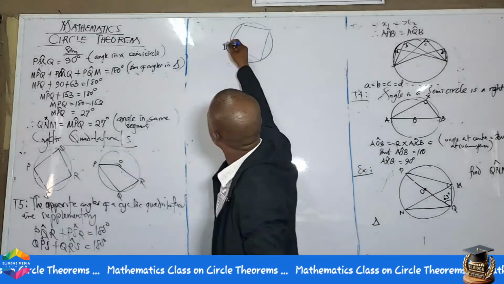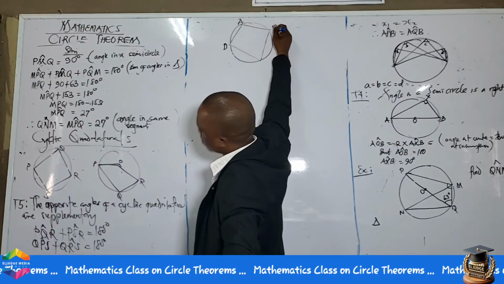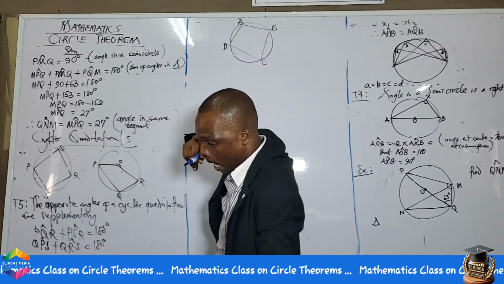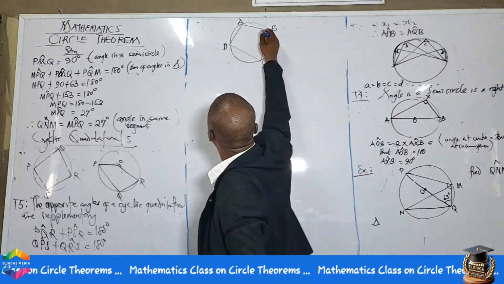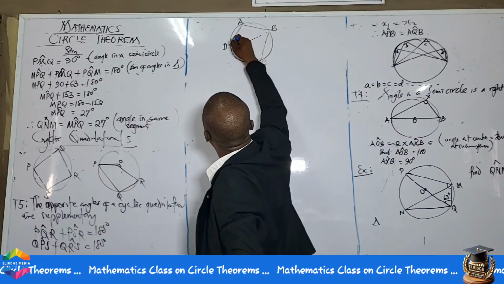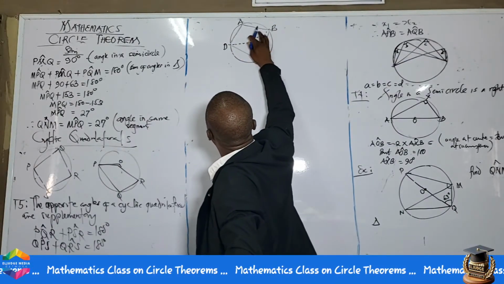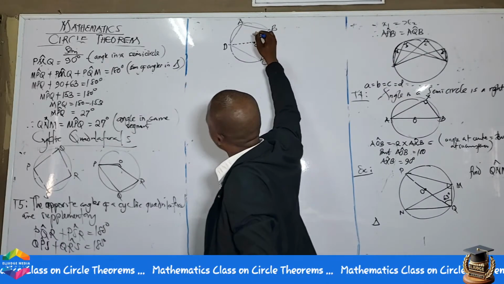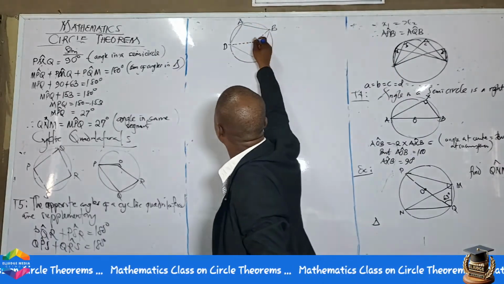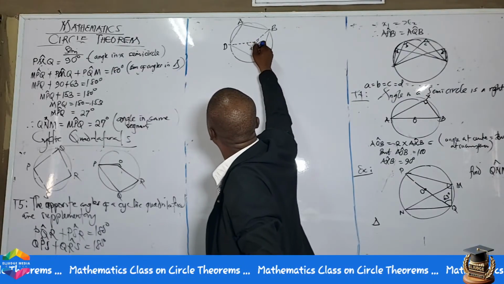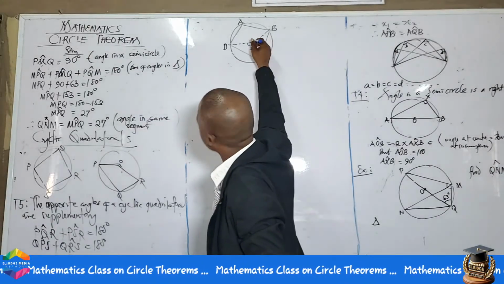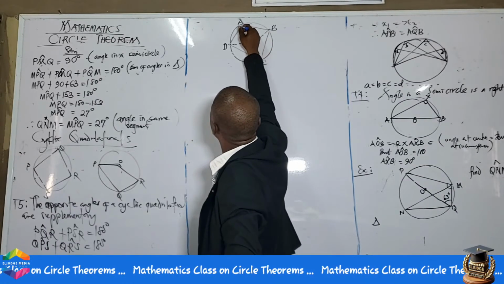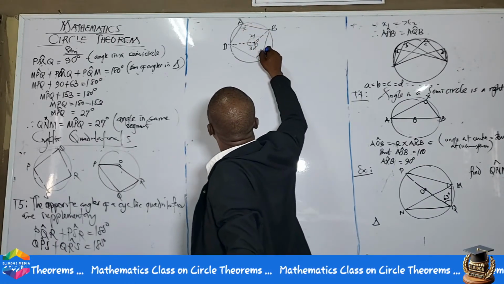This is D, this is A, this is B, and this is C. We are taking it to the center, center O, and this is 2x, this is 2y. If this is 2x, this is x, and this is y.